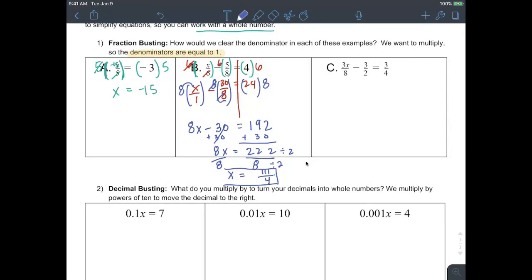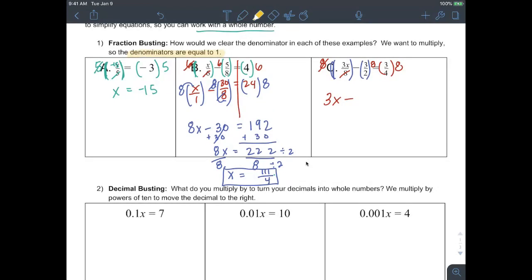All right, next one. Same idea. I'm going to go ahead and multiply by the first denominator to clear that. So times 8. Remember, everything by times 8. And we're going to do this one a little different. So my 8's cancel, leaving me 3x minus. Okay, we can do something called cross-canceling.